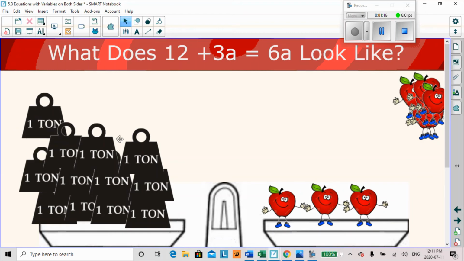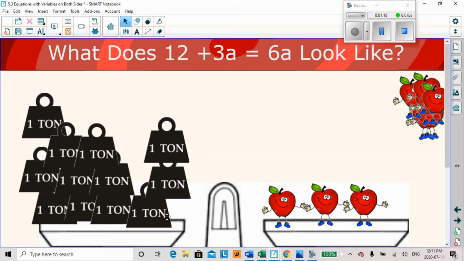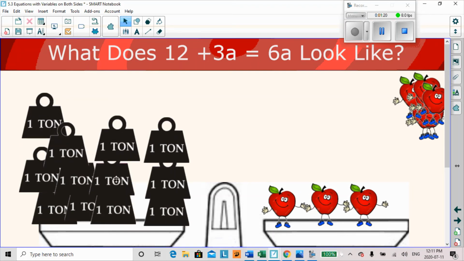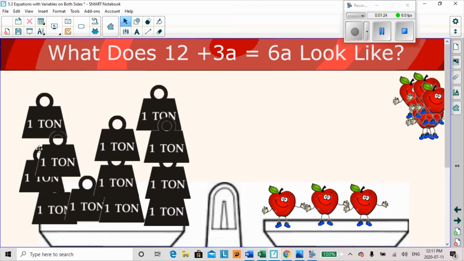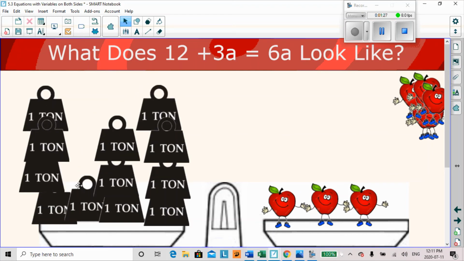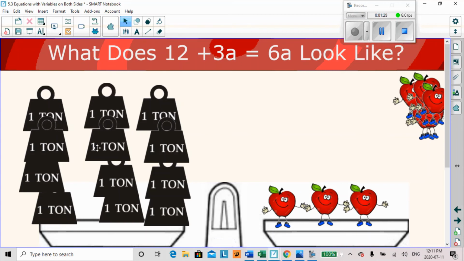So what I'm going to do is just kind of organize these into 3 equal piles. And you can see, I think, that each pile has 4 tons in it. So that would mean that 1 apple is equal to 4 tons.